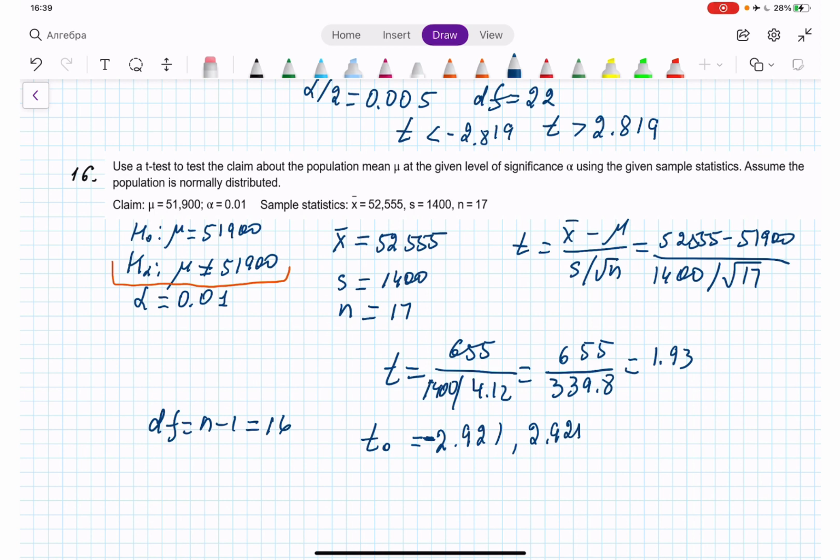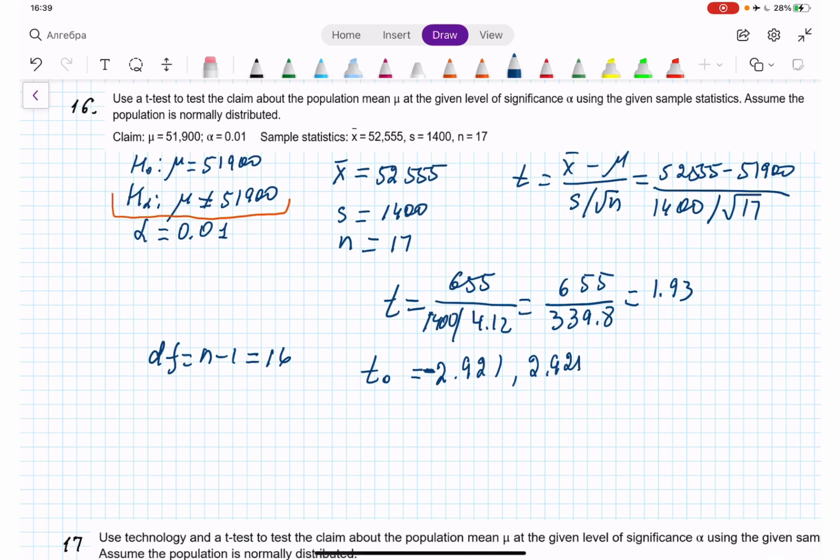From here, we already have the critical value and we have the standardized test statistic, so we can compare and see what result we get. This is negative 2.9 approximately, this is positive 2.9, and our test statistic 1.93 is somewhere here. So we fail to reject the null hypothesis, right?